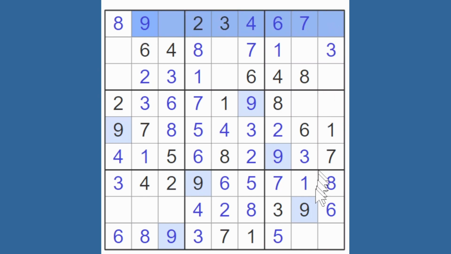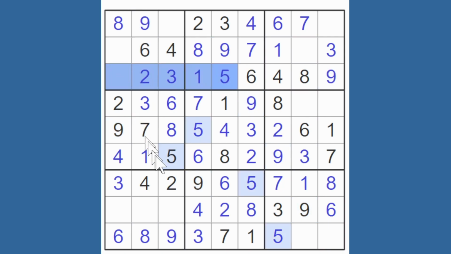9 blocks over, 9 blocks up, making this a 9, making this a 9, and this a 5 because we have analyzed that already. 5 blocks over, 5 blocks up. This is therefore a 5, making this a 5. This square has got to be a 1 or a 7 still, and this is a 1 or a 7 still.